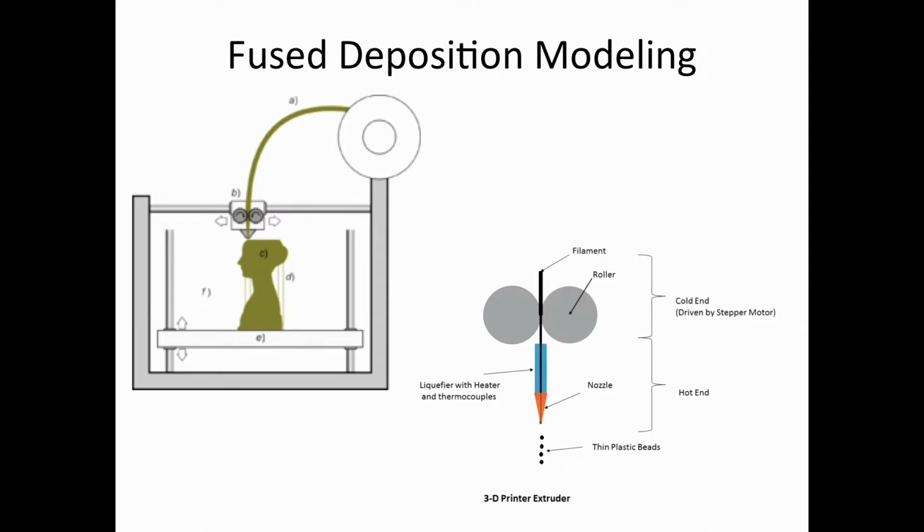In this case, you have a filament that passes through an extruder. The extruder heats the filament, and then the material is deposited through a nozzle on a platform. The platform moves, and then you can construct the object layer by layer.